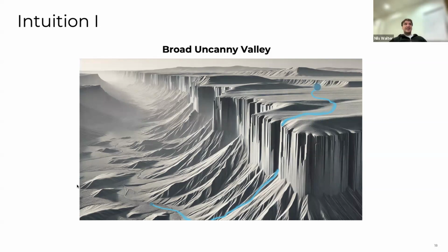It displays what we believe: initially you are in this region on the top right, and you still have a bit of curvature, but during the adversarial attack, you find this path to this broad uncanny valley, which means that you have very dense areas of these adversarial examples.